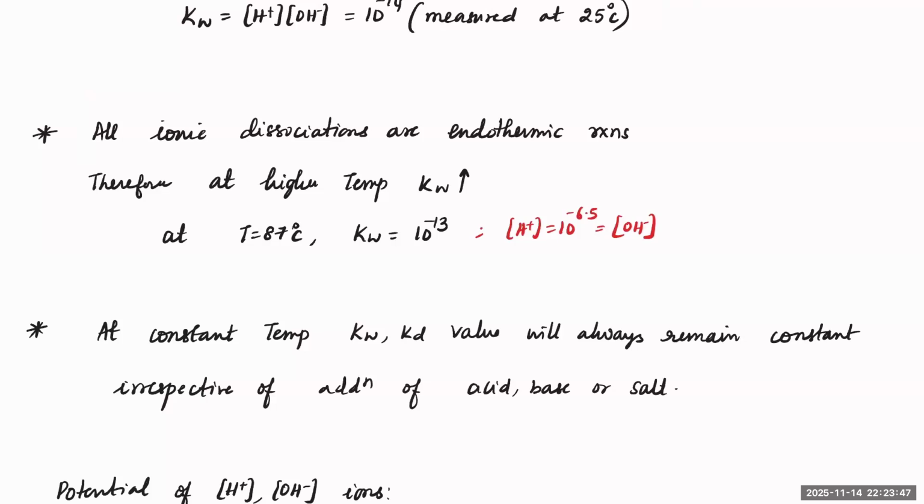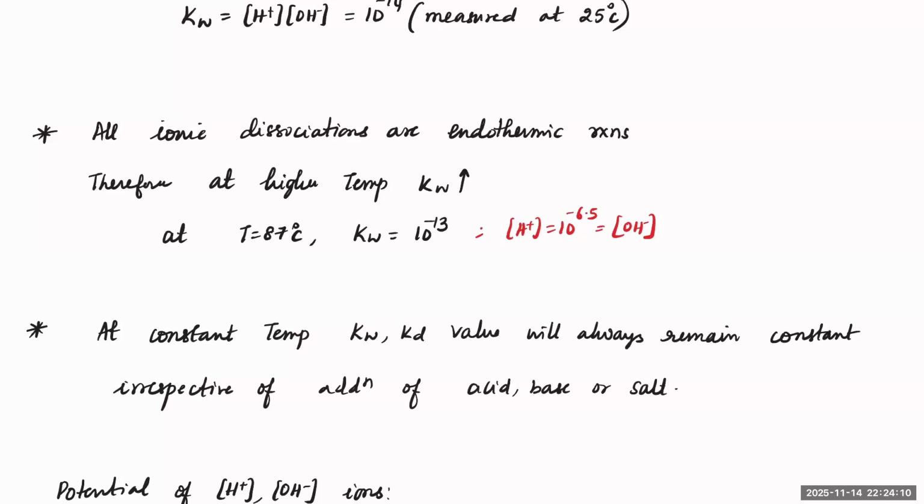Therefore, it is an exothermic change. So ionic equilibrium is always exothermic. The equilibrium will go towards product as the temperature is increased. This is what we learned from Van 't Hoff's equation. Recall from chemical equilibrium, as the temperature increases for an endothermic reaction, the reaction will go in the forward direction.